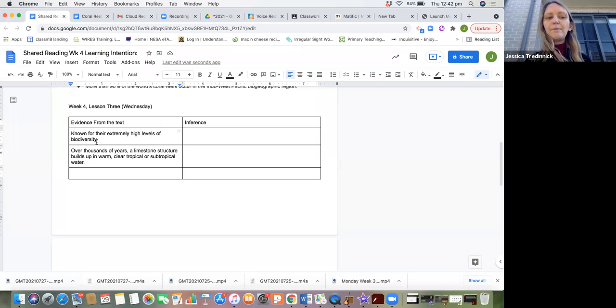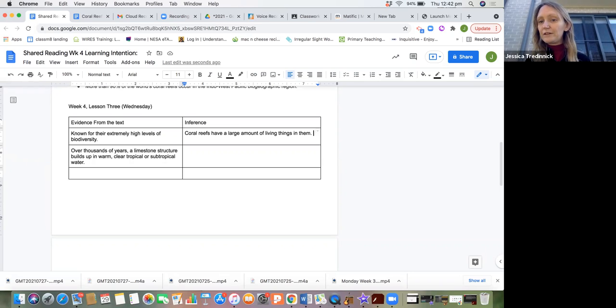And I worked out on Monday that biodiversity means that if bio means life and diversity is a range of life, a range of living things, I can infer that coral reefs have a large amount of living things in them. So that sentence, known for their extremely high levels of biodiversity, that just simply means that there's a large amount of living things living there.